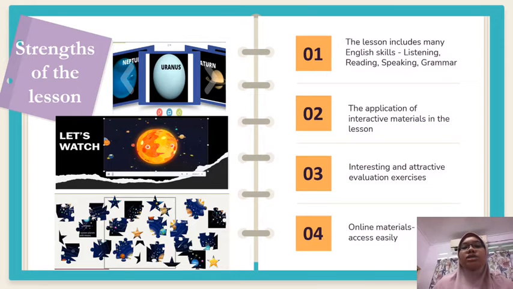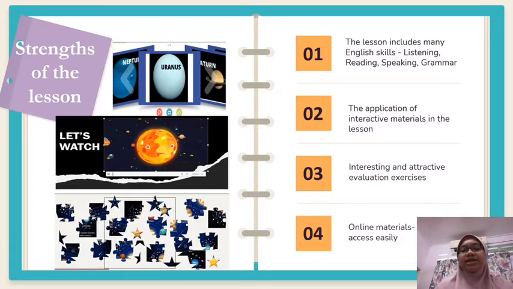These attractive and interesting exercises will help gain the students' mood to answer the questions rather than the traditional method, where we just give the students a worksheet, which may feel normal to them. So when we give them these interactive exercises, the students are more likely to answer the questions. This will help us to evaluate them.